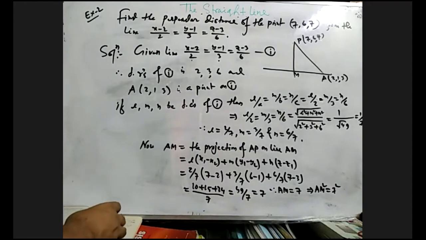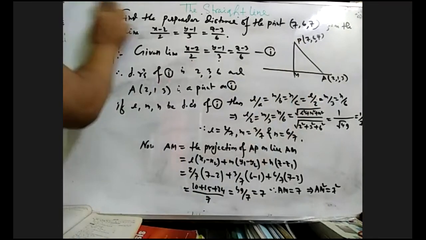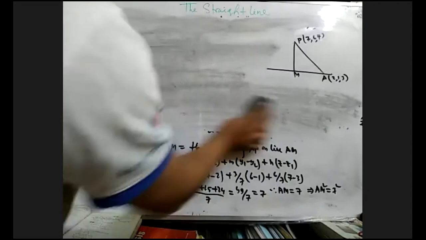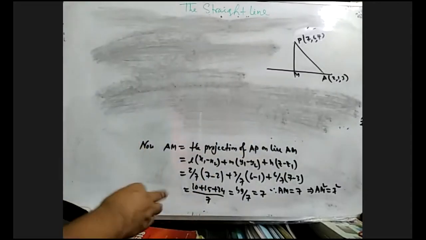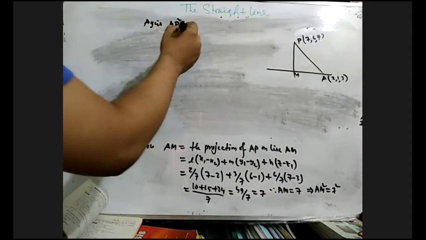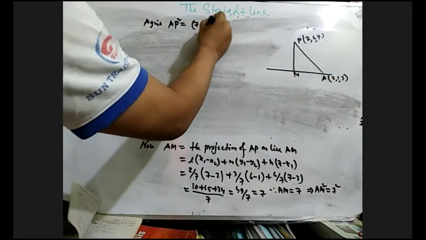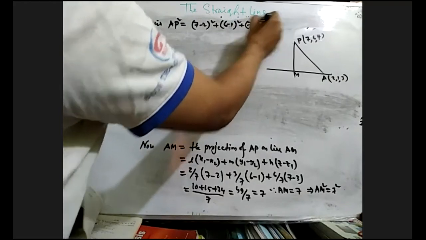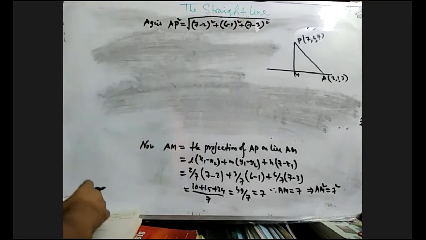And AM square equals 7 square. Again, the distance between A and P: AP square is the distance between 2 points, (7 minus 2) whole square plus (6 minus 1) whole square plus (7 minus 3) whole square, using the distance formula in 3-dimensional geometry.